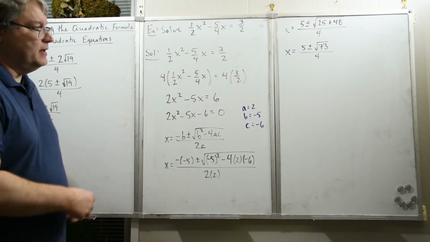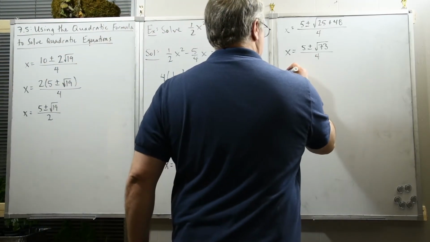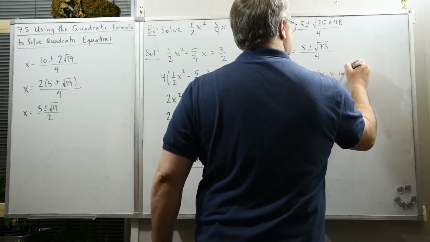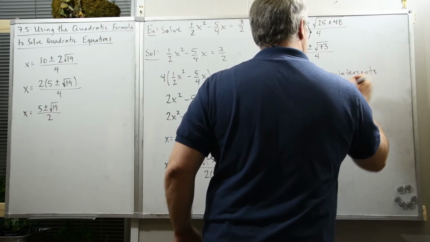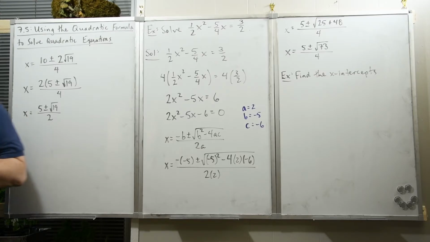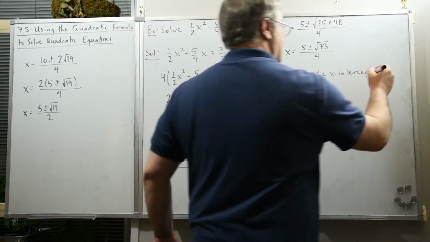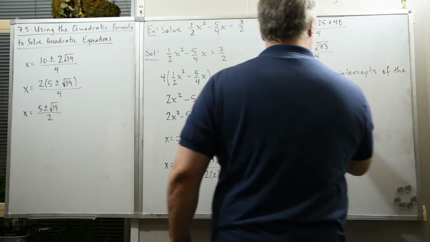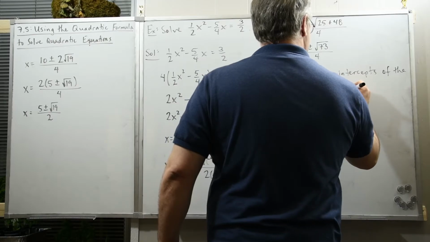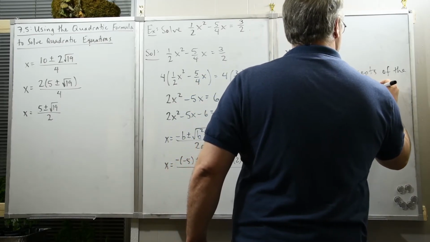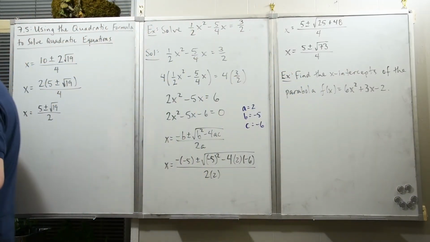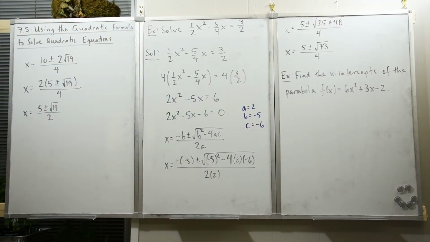Now I've got one more example I'd like to show you. And here we're going to find the x-intercepts of the parabola f of x equals 6x squared plus 3x minus 2.